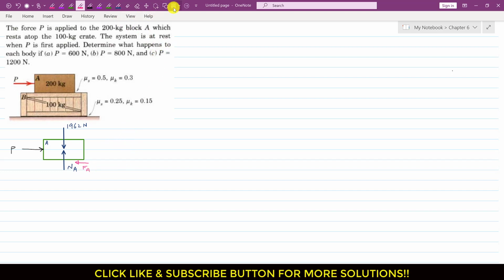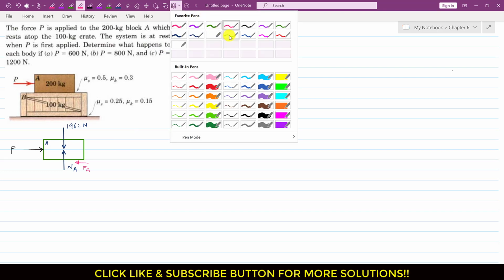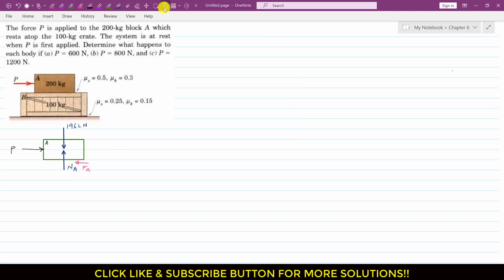Similarly, if we consider this body B, or that crate B, and consider the free body diagram of that crate B, we will have the same normal force applied on this block B in the downward direction.